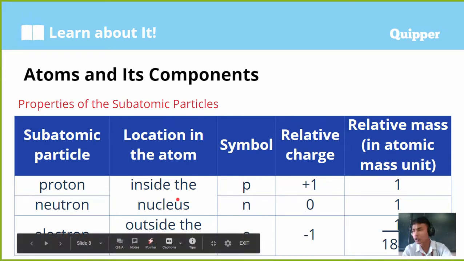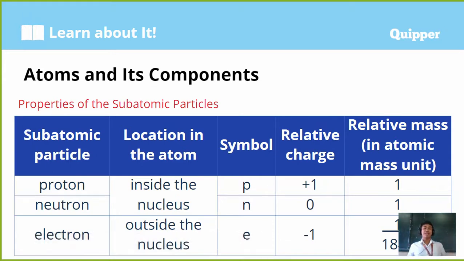So if you compare these three, the electron is almost negligible, because if you compare 1 and 1 and 1 over 1,840, the mass of a proton or a neutron is very much larger than the mass of an electron.